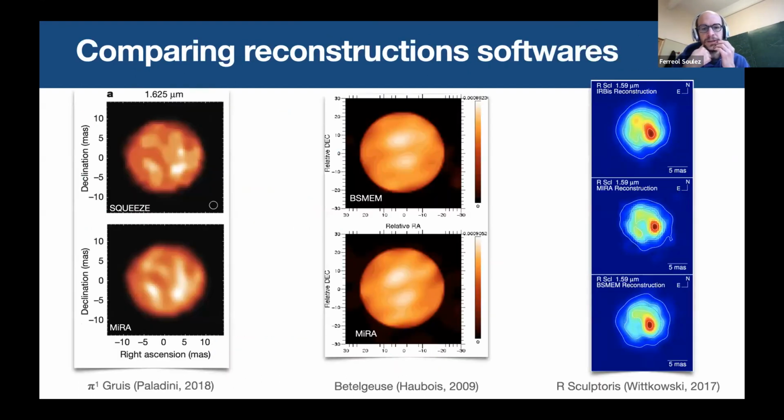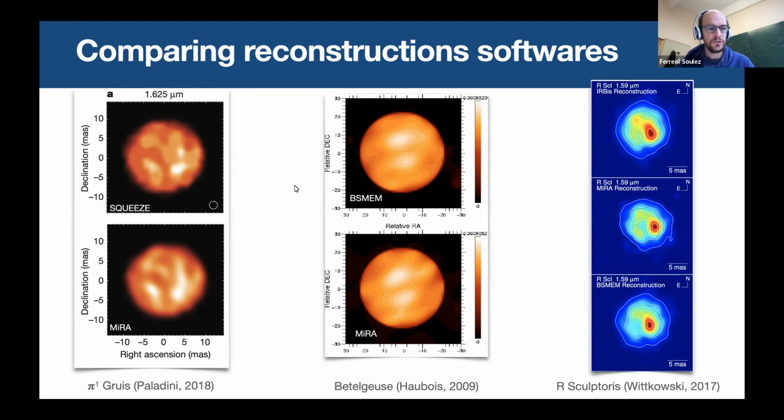and to allow a user to compare software. Usually when people reconstruct images, they use several reconstruction software to see if the image is more or less the same in all of them, to have more confidence in the reconstruction.